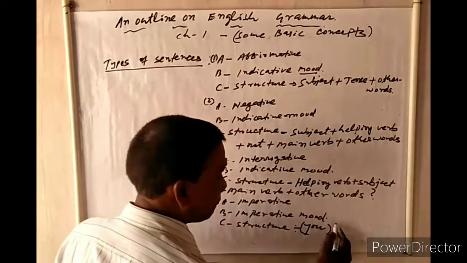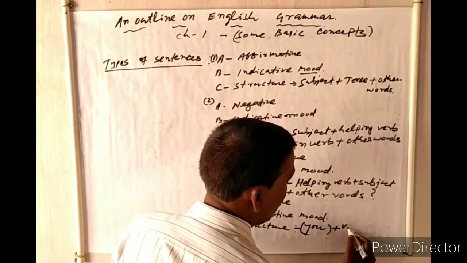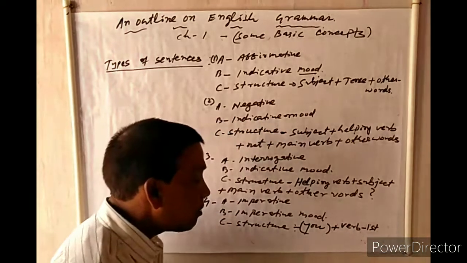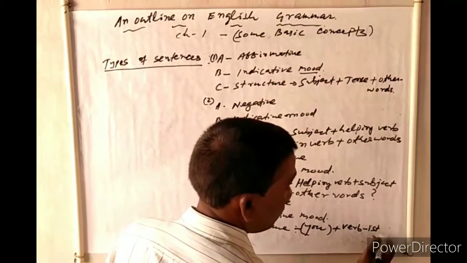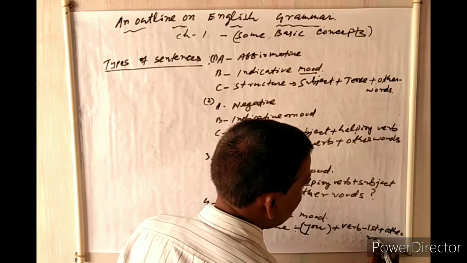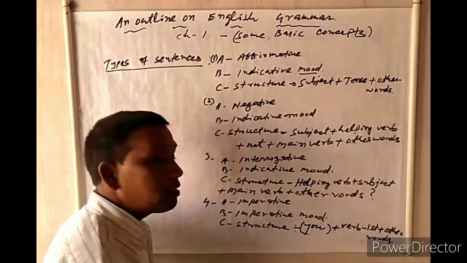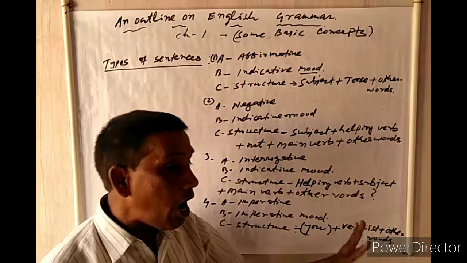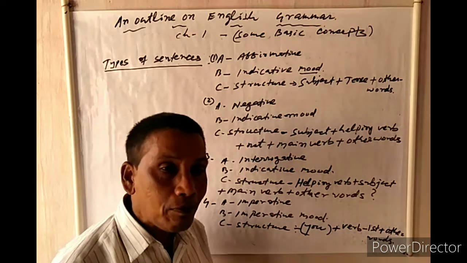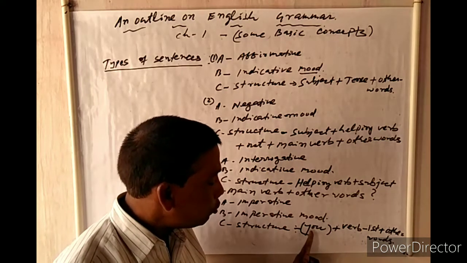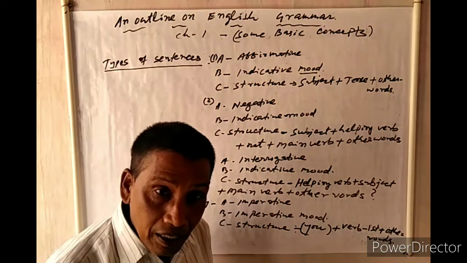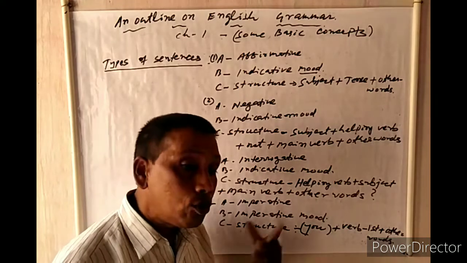Always the subject you is hidden plus वर्ब का फर्स्ट फॉर्म मीन्स प्रेजेंट सिंपल. वर्ब का फर्स्ट फॉर्म V1 प्लस अदर वर्ड्स जैसे कम हियर मतलब आइए, मतलब कि आप आइए. आप भले ही हिडन हिंदी में भी वो छिपा हुआ है, लेकिन आप हिंदी में आप नहीं बोल रहे हो. सिमिलरली इंग्लिश में भी आप यू यहां पर है बट यू आर नॉट मेंशनिंग द वर्ड यू. आप सीधा बोल रहे हो कम हियर, गो देयर, प्लीज हेल्प मी. यू प्लीज हेल्प मी नहीं बोल रहे हो. गो देयर, यू गो देयर नहीं बोल रहे हो.